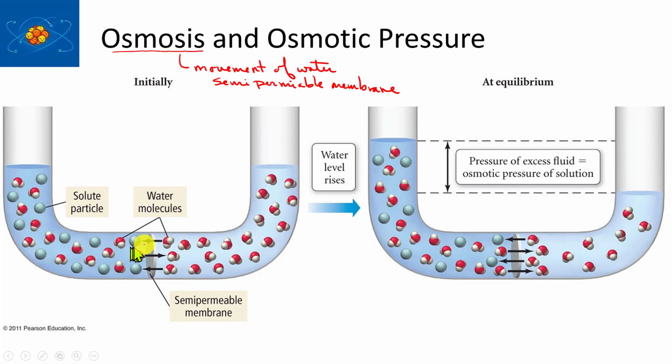And what happens when you allow the water to flow? Well, the movement of the water through this membrane causes water to go from the right-hand side to the left-hand side. Now, the nature of the semi-permeable membrane is that, in principle, it only allows water to pass.